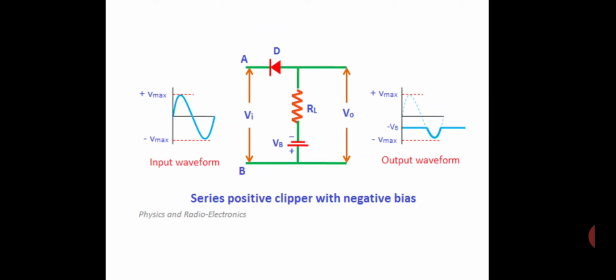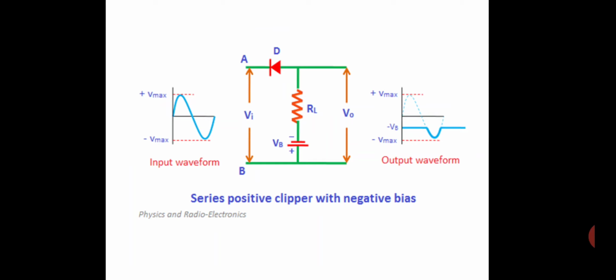So positive clipper with bias or without bias we discussed, and series negative clipper we discussed today in this circuit. So the diode is in series, and the output is only the positive cycle.